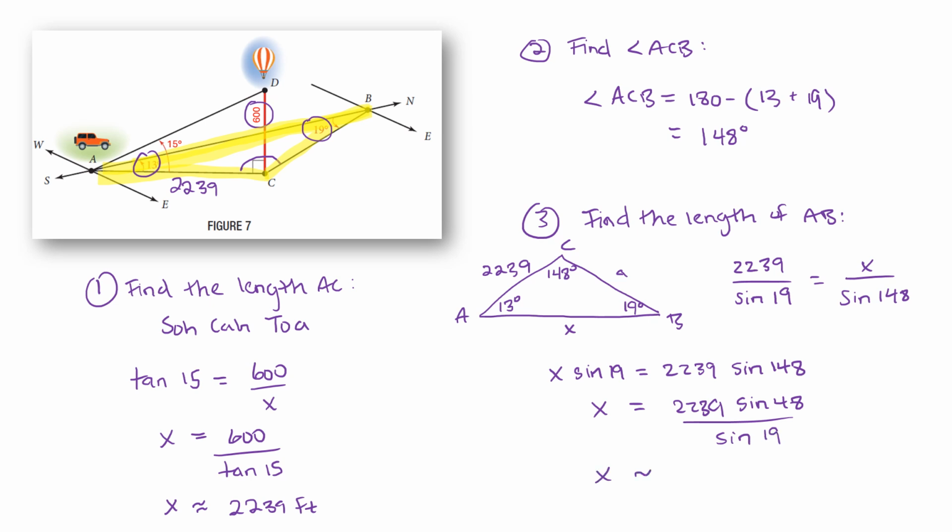So x is approximately 3,644 feet, which means the distance that the people in the Jeep have to walk to reach the service station at point B from A is 3,644 feet.